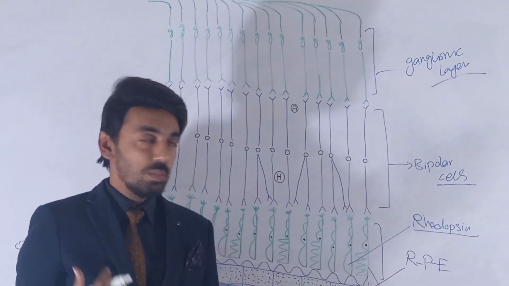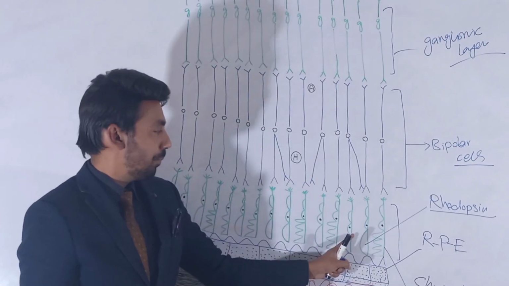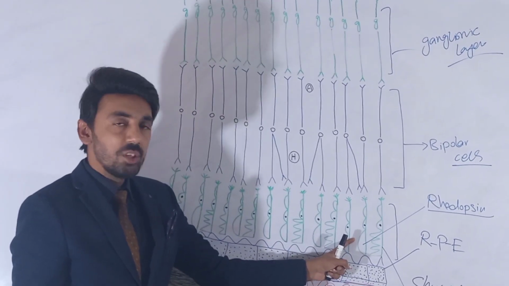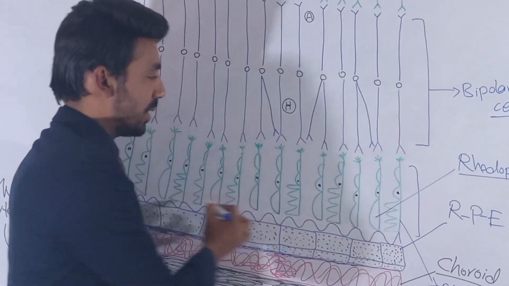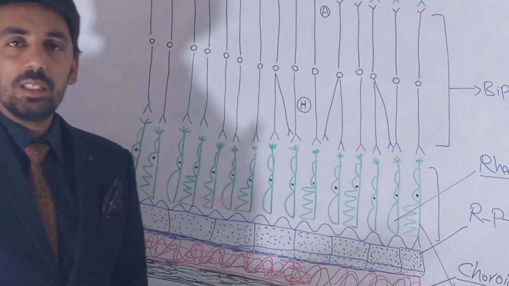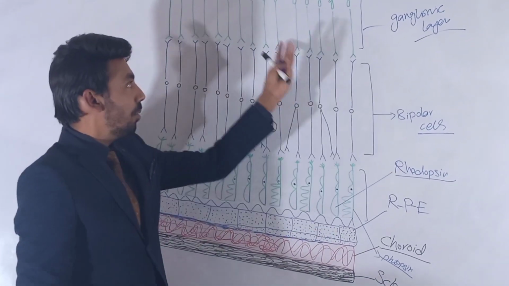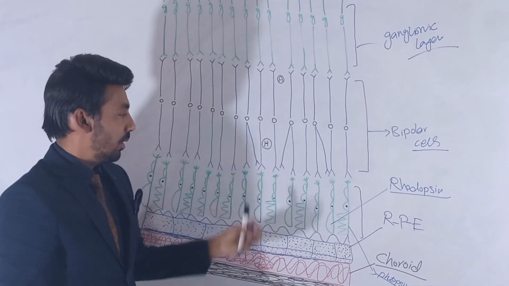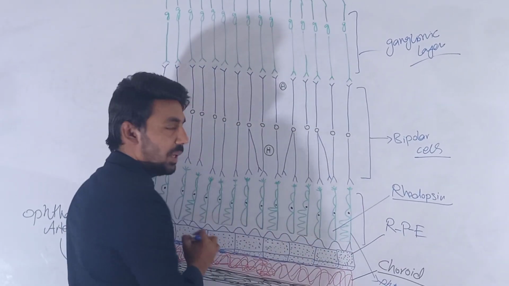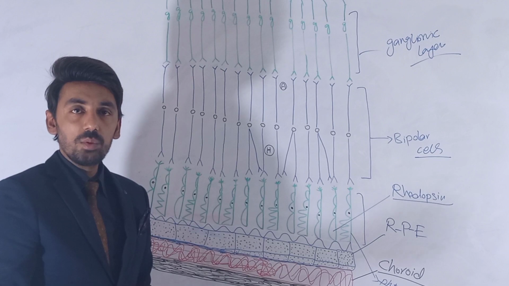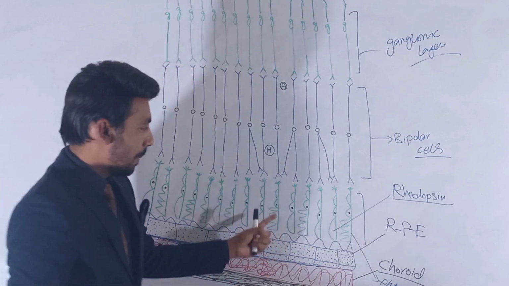When the light comes from the outside, as you know, the portion which is the most sensitive to the light are the photoreceptor cells, the rods and the cones. And when the light comes from outside, for the very first, these cells are activated, the rhodopsin and photopsin of the photoreceptor cells, right?